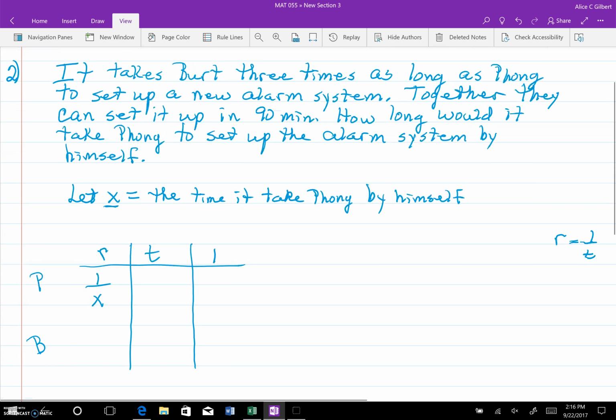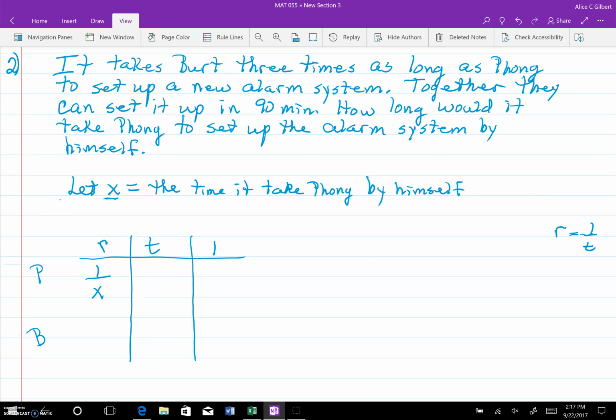And you know what? Just to be on the safe side, it takes Bert 3 times as long as Fong. 3 times means times 3. So 3 times what Fong does is the time it takes Bert by himself.